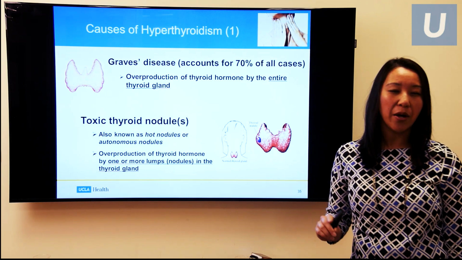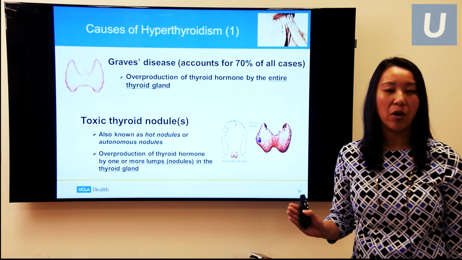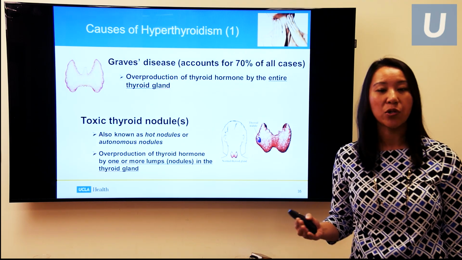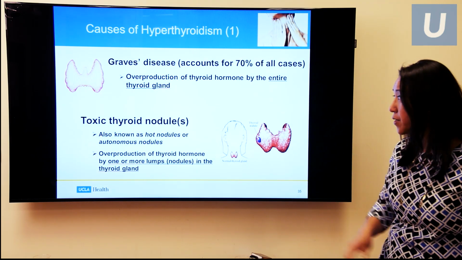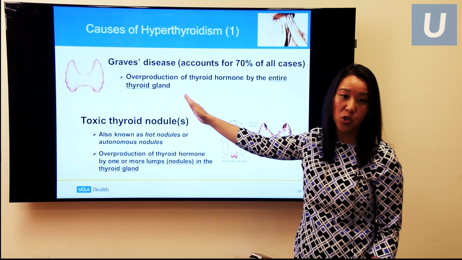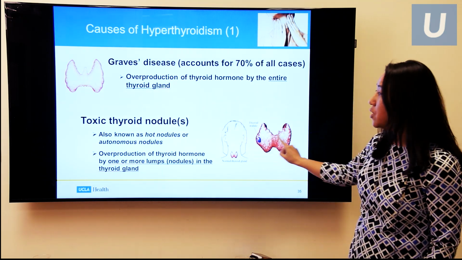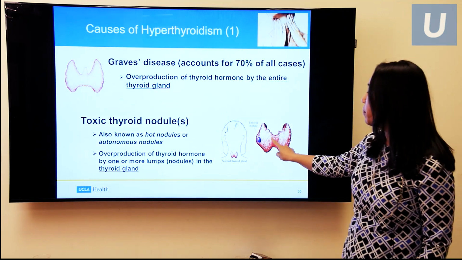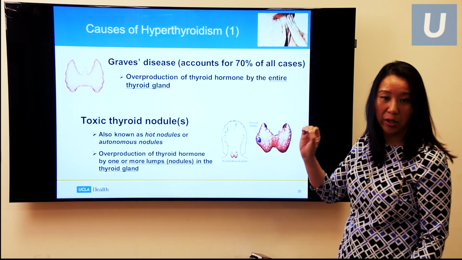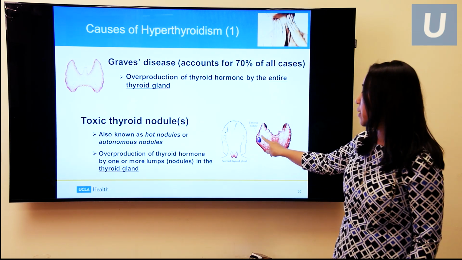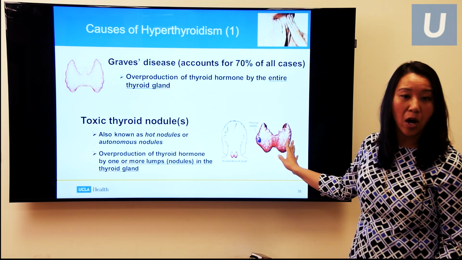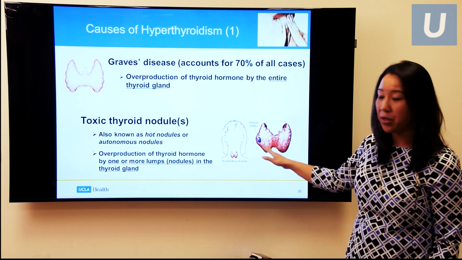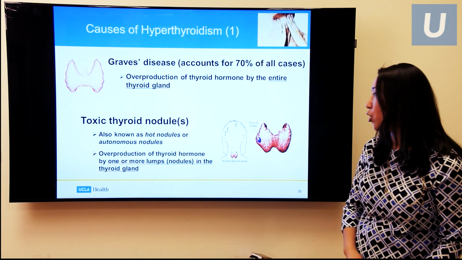And there's many, many other names for toxic thyroid nodules. Sometimes they're called hot nodules or autonomous nodules. And it's a situation in contrast to Graves' disease in which the entire gland makes too much thyroid hormone. In toxic thyroid nodules, only one particular part, a little bump or a nodule, is responsible for making too much thyroid hormone. And you can have more than one nodule in any one gland, but this is just an example of one nodule.